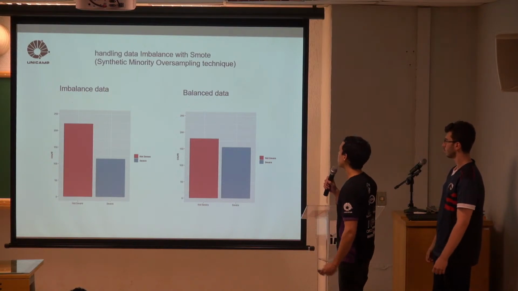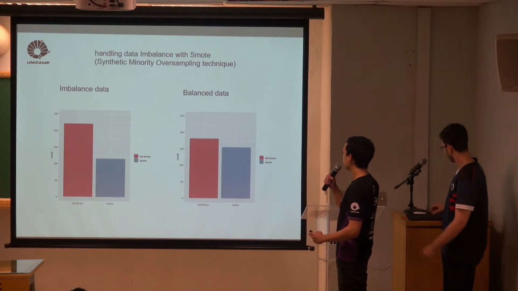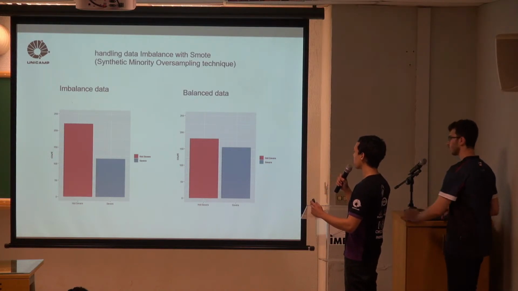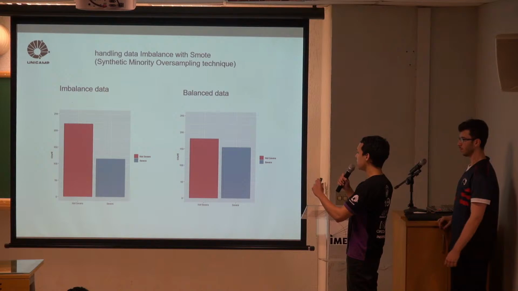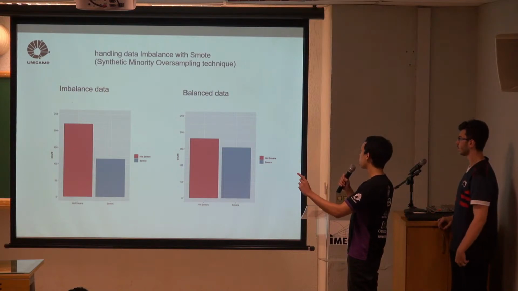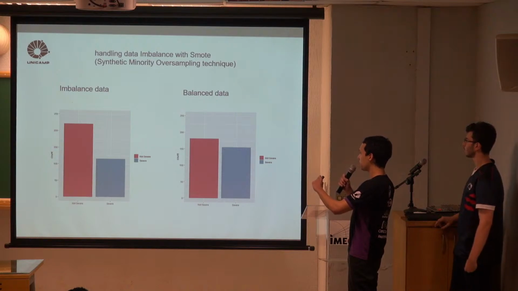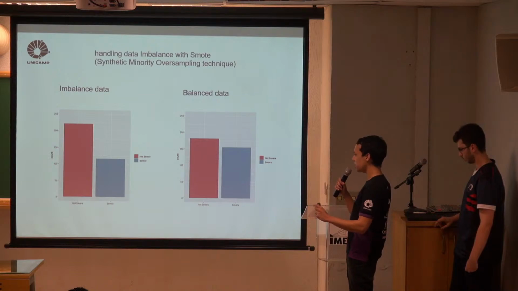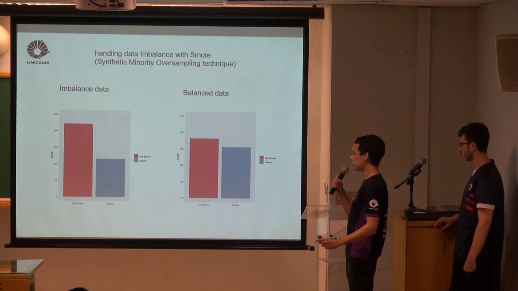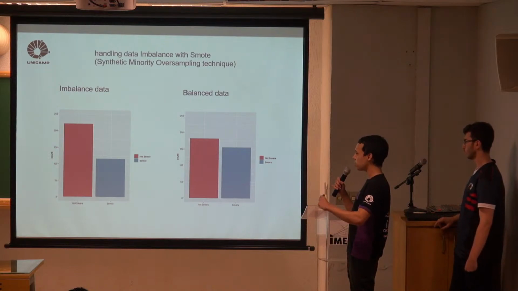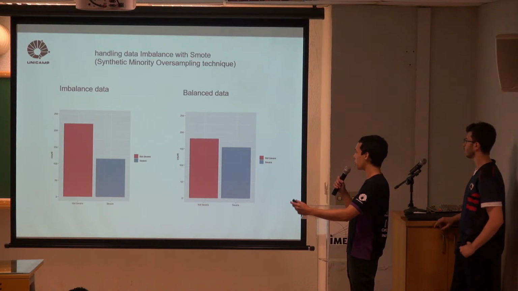To summarize, SMOTE creates data based on iterations in which you take a data point and you make a vector to the k nearest data points to it. And the new fabricated data, the artificial data, will be at the half of this vector.